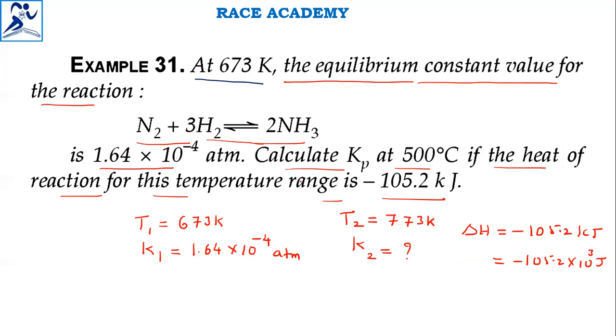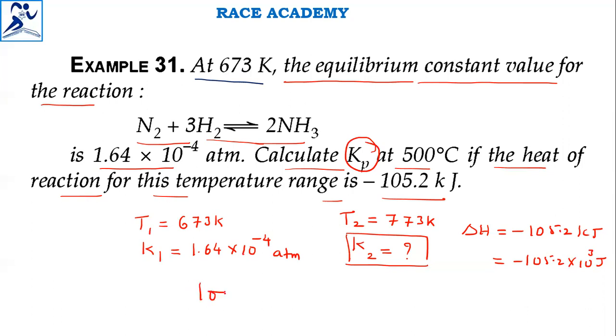Our aim in this problem is to find the equilibrium constant K2. For this, we will take the effect of temperature on the equilibrium constant, the Arrhenius expression for two different equilibrium constants.